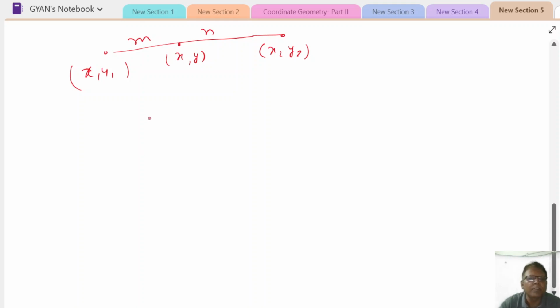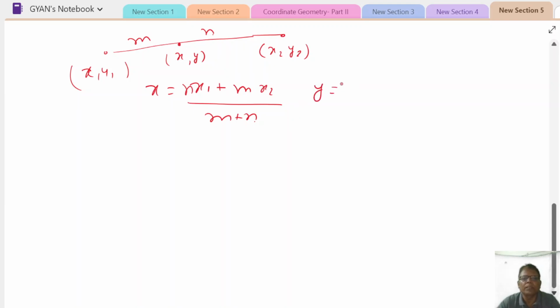So what will be the value of x? x will be x1 into n, just opposite, plus m into x2, divided by m plus n, and y is equal to n into y1 plus m into y2, divided by n plus m.